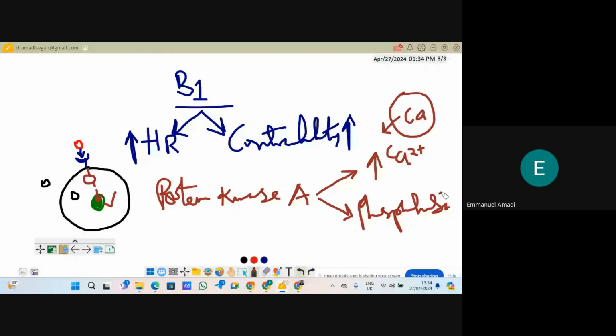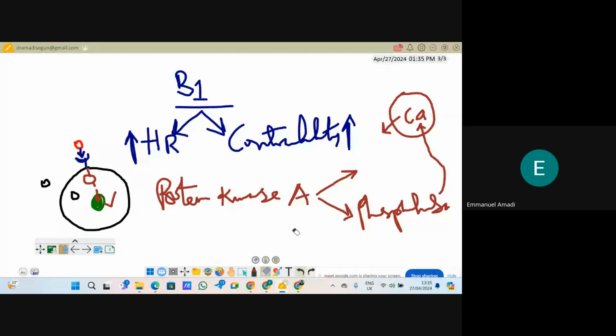Now, the job of the calcium ATPase is to carry this calcium back into the sarcoplasmic reticulum. If this calcium moves back into the sarcoplasmic reticulum, of course, the contraction will die down and the heart will relax.